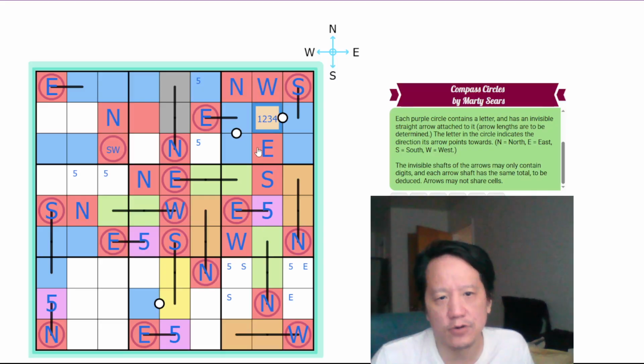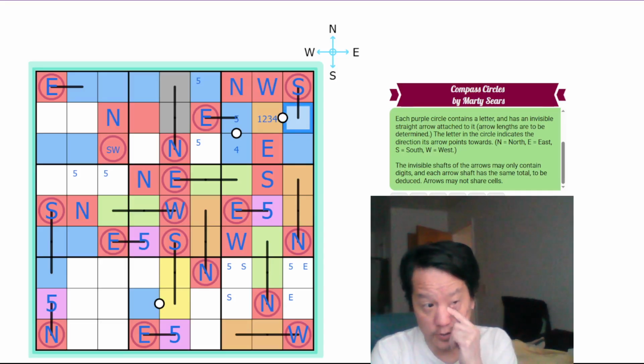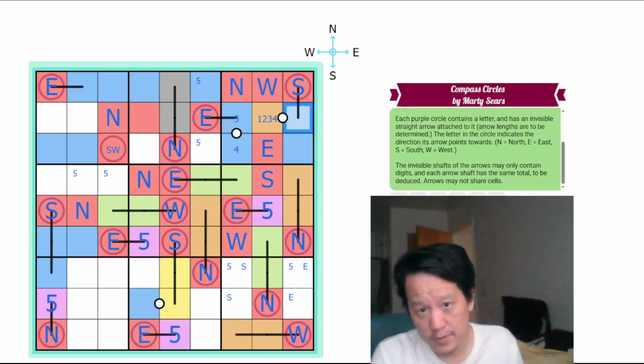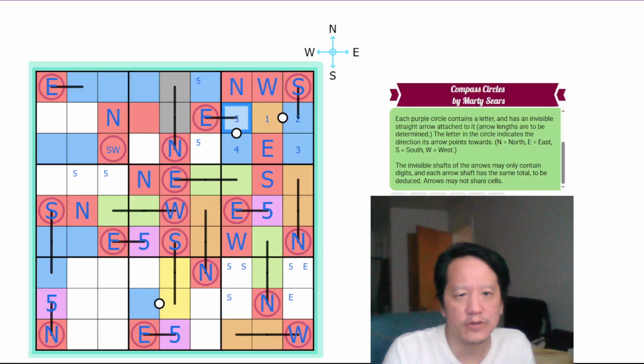So how does that work? Okay, so if we have a 5 here, that would mean this is 4. This would have to be 2, 3 as a pair to add up to 5. So then this would have to be 1. So this would be 2, that's 3. So that's how that would work.